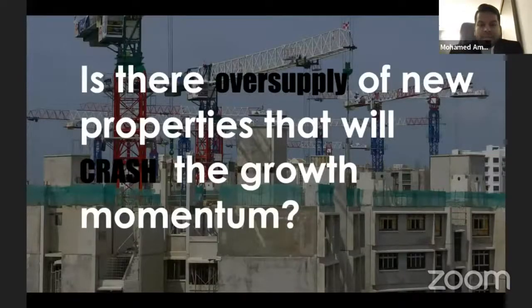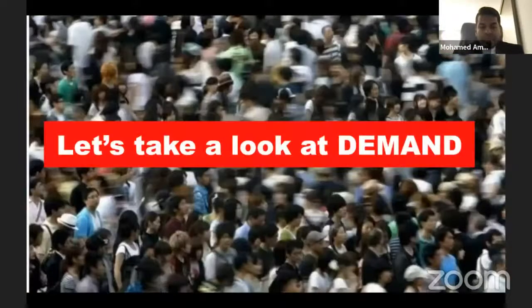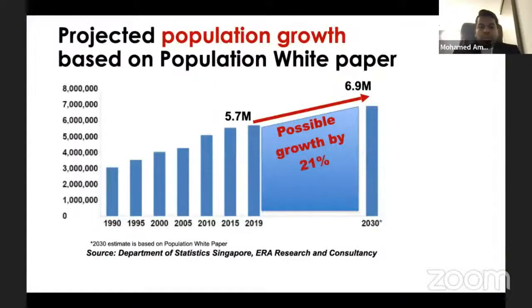Is there an oversupply of properties that will crash the growth momentum? A lot of my investors ask this question. So let's take a look at the demand and supply of properties. Our population now is 5.7 million. We are projecting 6.9 million, a possible growth of 21%.